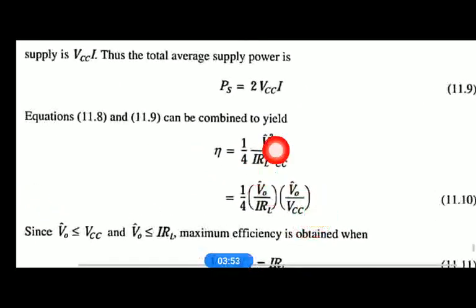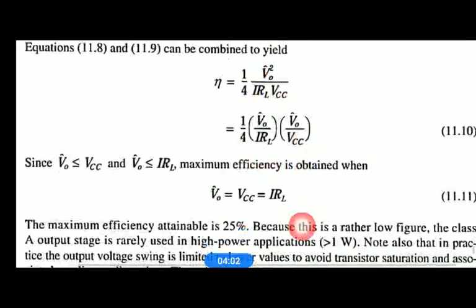Rearranging this equation, one factor is V square divided by I into RL, and another is V square divided by VCC.